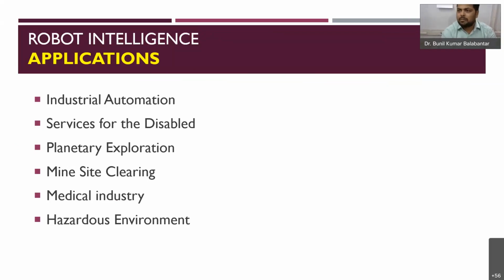The chemicals are very reactive in the reactors, so to clean the environment surrounding the reactors, if you put human beings to work, it is going to harm them. So they developed robots to clean the surrounding environment of the reactors because of the hazardous environment. Similarly, many applications are there.